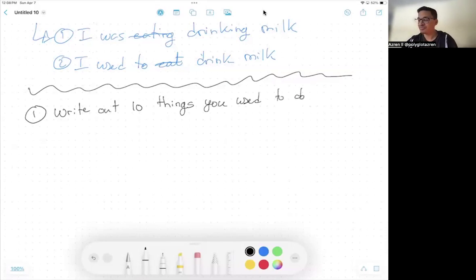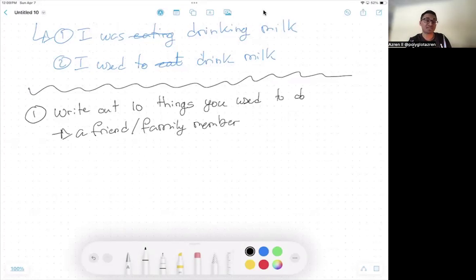Then do the same thing, 10 things, for, let's say, a friend or family member. 10 things a friend or family member used to do. That'll make you practice the same conjugations with a he and a she.